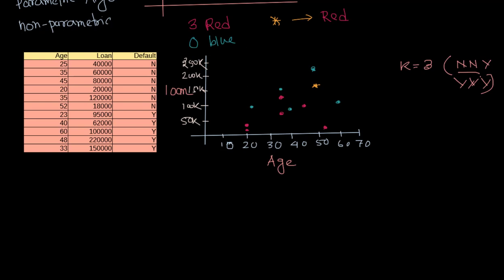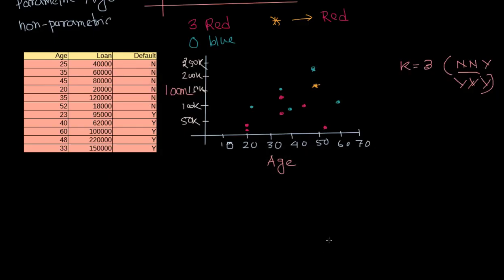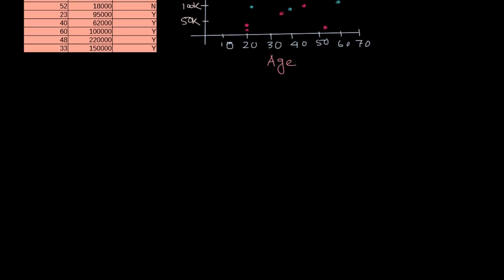Now to make this shorter, in this Excel sheet I have computed the distances. Now it's time to talk about distances. In KNN we can have a lot of different kinds of distances. One is Euclidean distance.